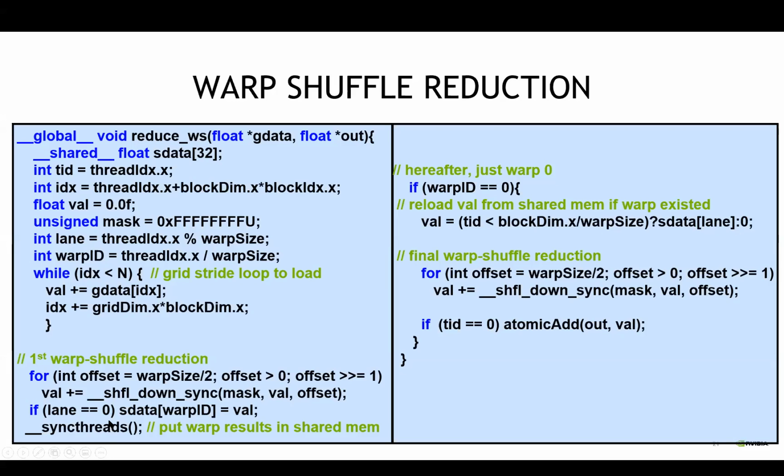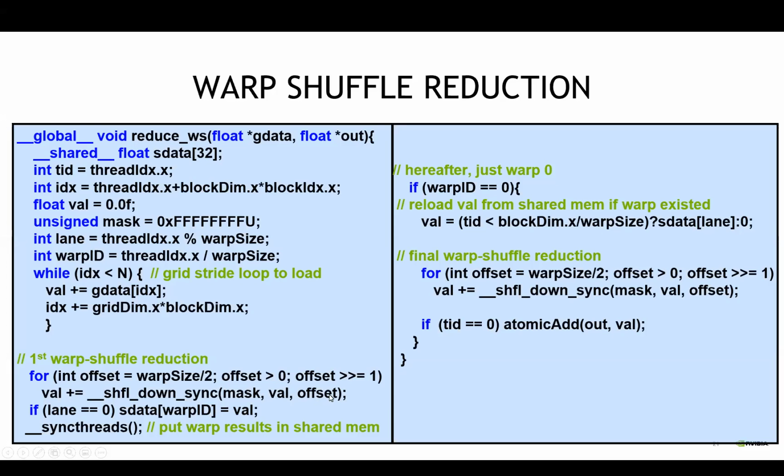Then the only other item in this first warp shuffle reduction is to take our val, a variable for each thread, and select another val using the shuffle down sync operation. We select another val from another thread, that thread being indicated by the offset and the fact that this is a shuffle down operation. So for thread 0, it's going to take its val and add to it the val from thread warp size over 2, which is 16. Initially offset will be 16.